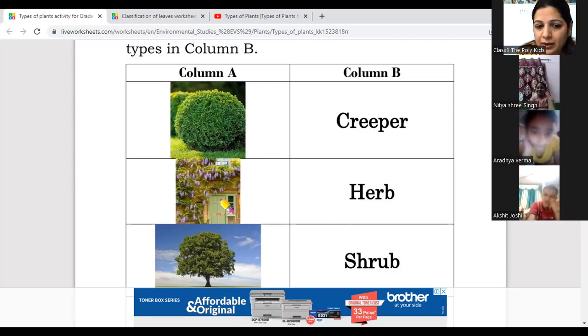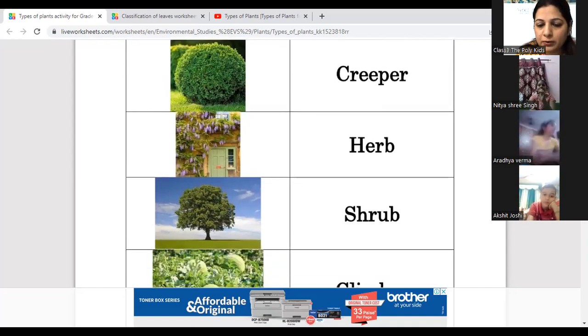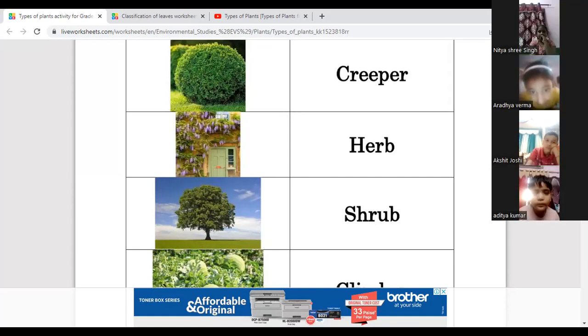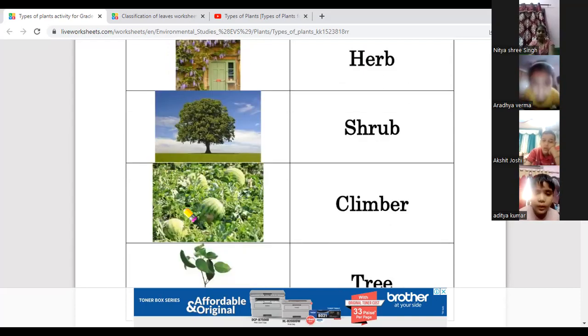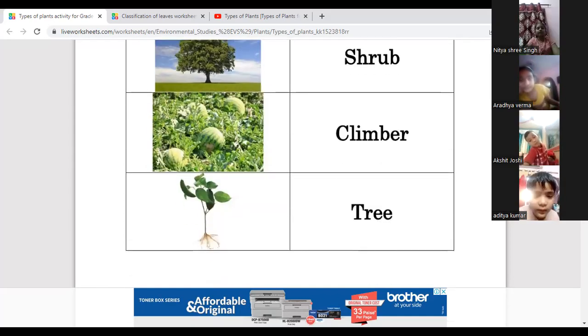Ma'am, climbers. Very good. Akshit, third picture. Tree. Very good. Aditya, next picture. Ma'am, creeper. Very good. Nityashri, last picture. Ma'am, herb. Yes, this is a herb.